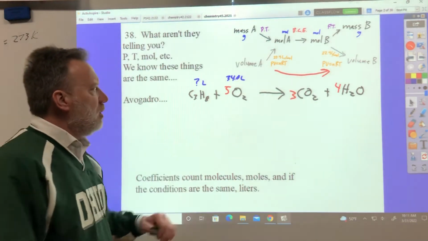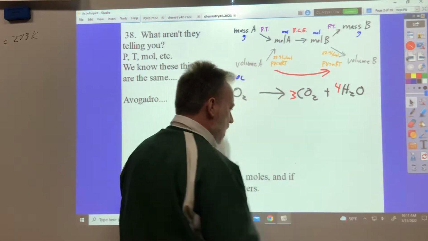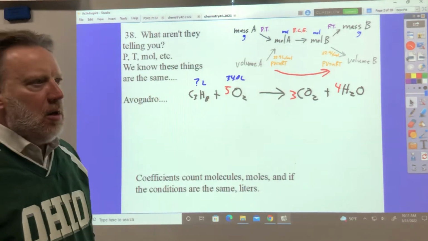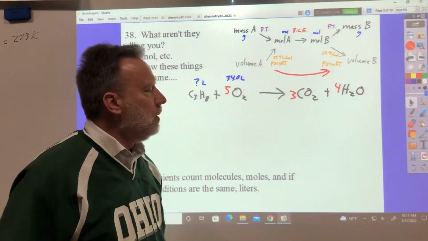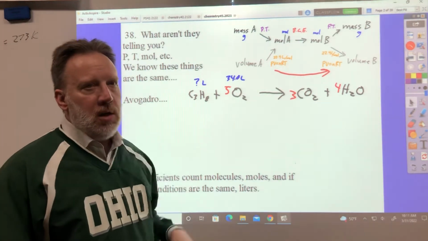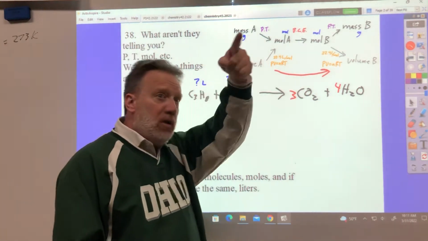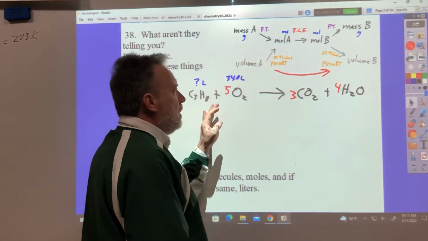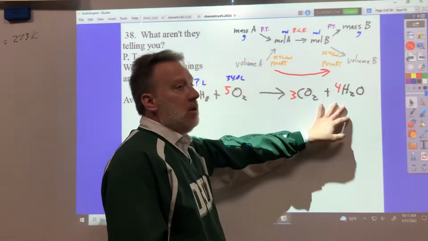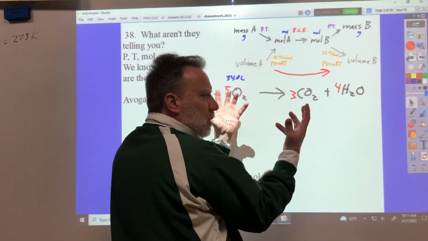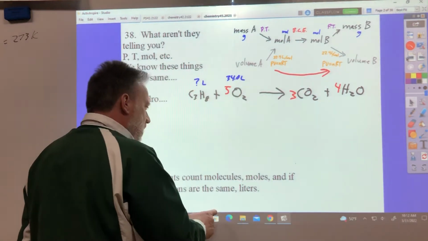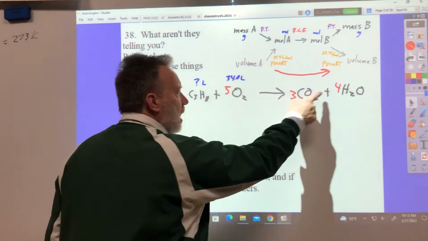These numbers also count moles. And if the gas conditions are the same everywhere here, which they're not going to be, and if you burn propane in your furnace, like the one I have in the greenhouse, you're going to start with cool gas conditions and very hot, so you'd have to get them all back to the same temperature, back all to the same pressure. Then the liters are the same.